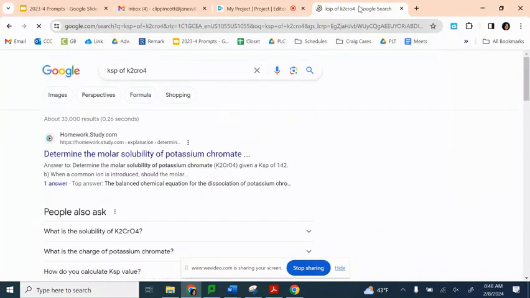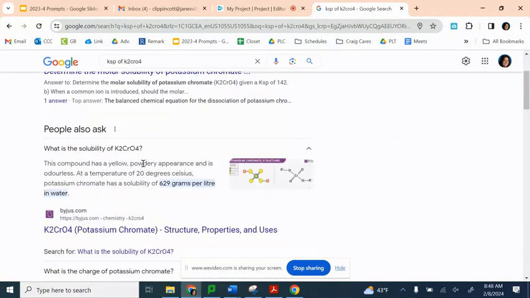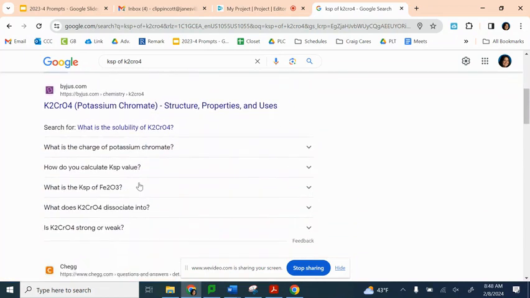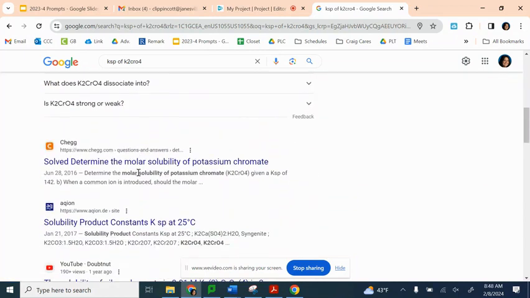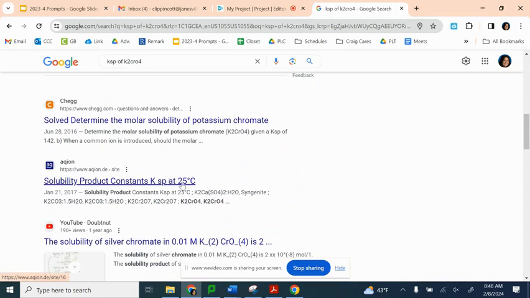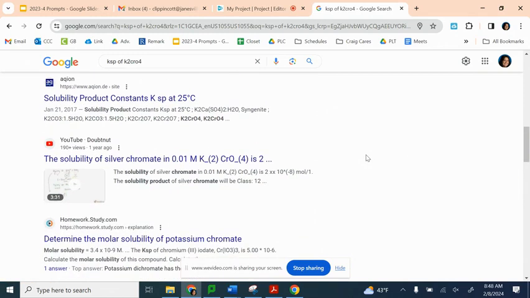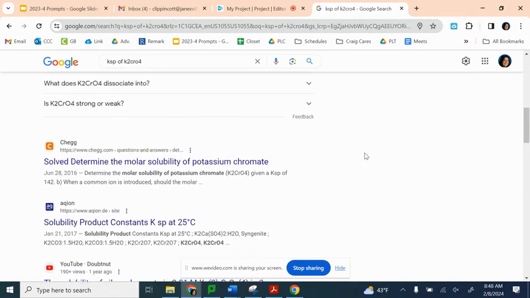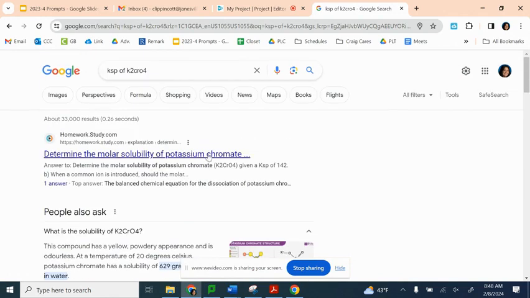K2CrO4. Just give me a table of KSP values, please.